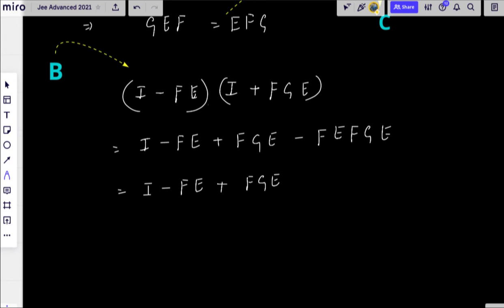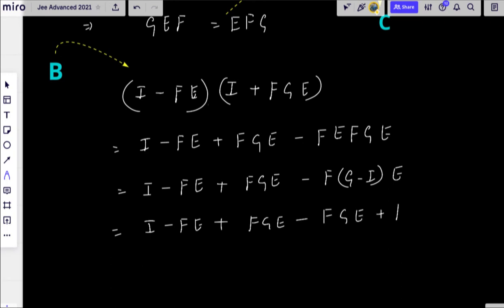And for this we say minus F, and for EFG, as we have already noted, we got G minus I from previous, and that is E. So if you open it, you will find FE plus FGE minus FGE, correct, and minus minus plus, so plus FE, because I is there.